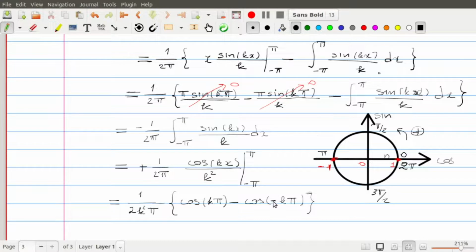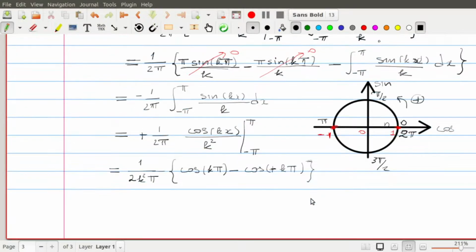And because the cosine function is an even function, it is the same as this. You can put a plus there. Now you can see that we have cosine k pi minus cosine k pi. This will cancel out and give us 0.